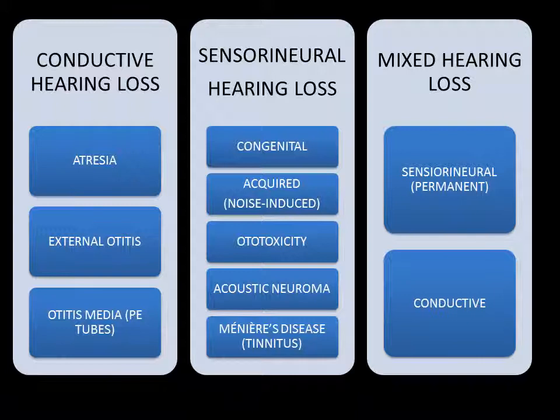A lot of times when children and adults have otitis media, pediatricians or regular doctors will prescribe antibiotics, or they'll treat it with medication. But when this happens multiple times, especially when speech and language is developing, speech and language can be greatly impacted by these frequent bouts of conductive hearing loss.